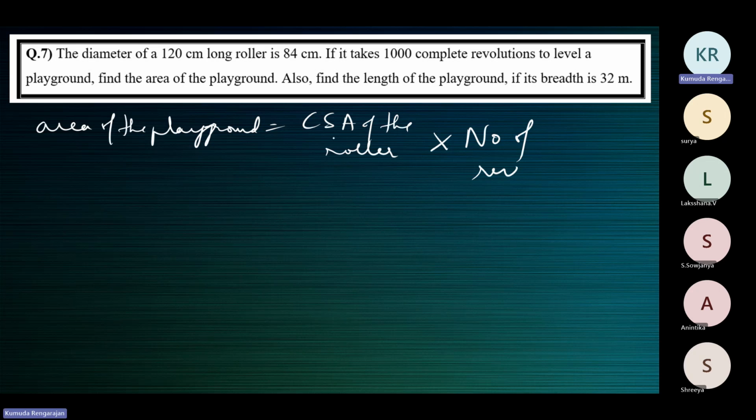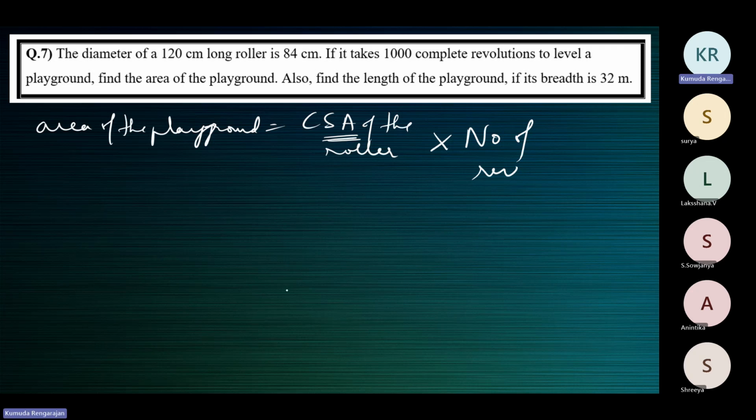In one revolution, the area covered is equal to the CSA. So the area leveled in 1000 revolutions will be equal to the area of the playground.